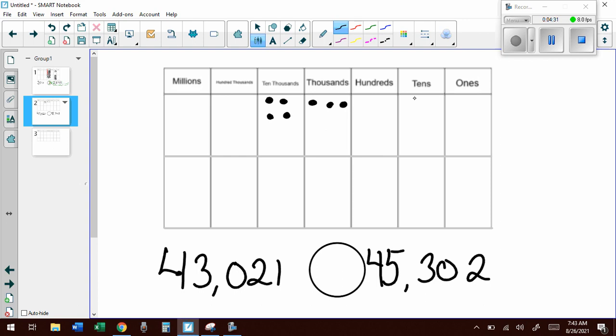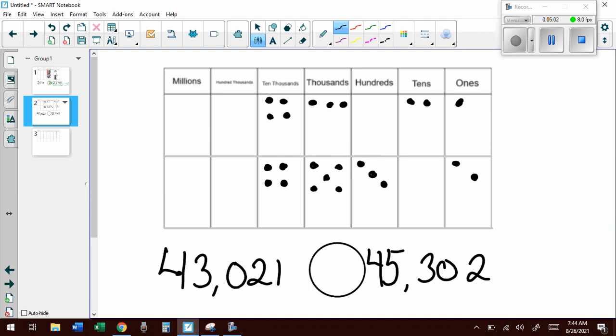We have 0 hundreds, we have 2 tens, and we have 1 one. Over here we have 4 10,000s again. We have 5 thousands, 1, 2, 3, 4, 5. We have 3 hundreds. We have 0 tens, and we have 2 ones.